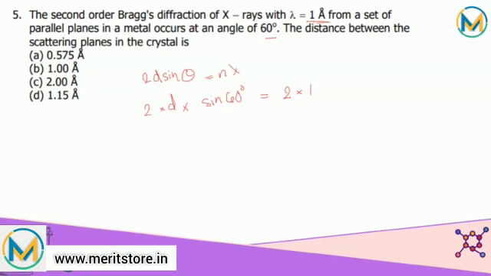So when we solve this out, it comes out to be d equals 1.15 angstrom. So the correct answer among the given options is option D, that is 1.15 angstrom.